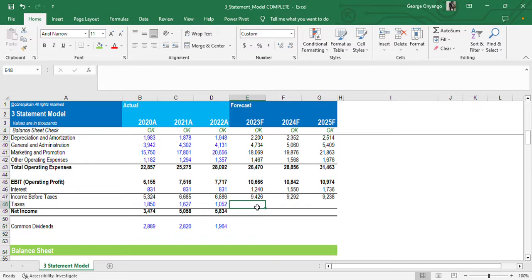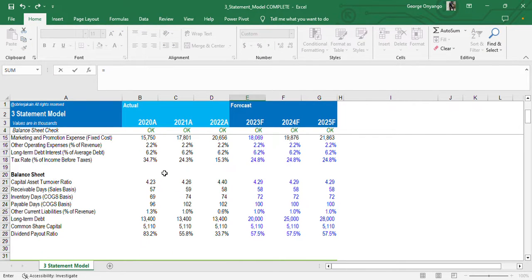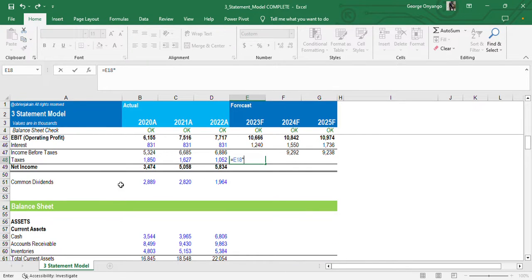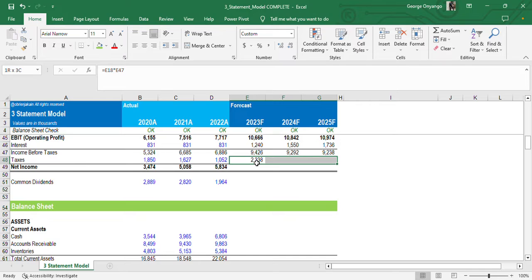Then taxes is a percentage of income before taxes, which is that times E47. You get our taxes, the projection of taxes for the next 3 years.